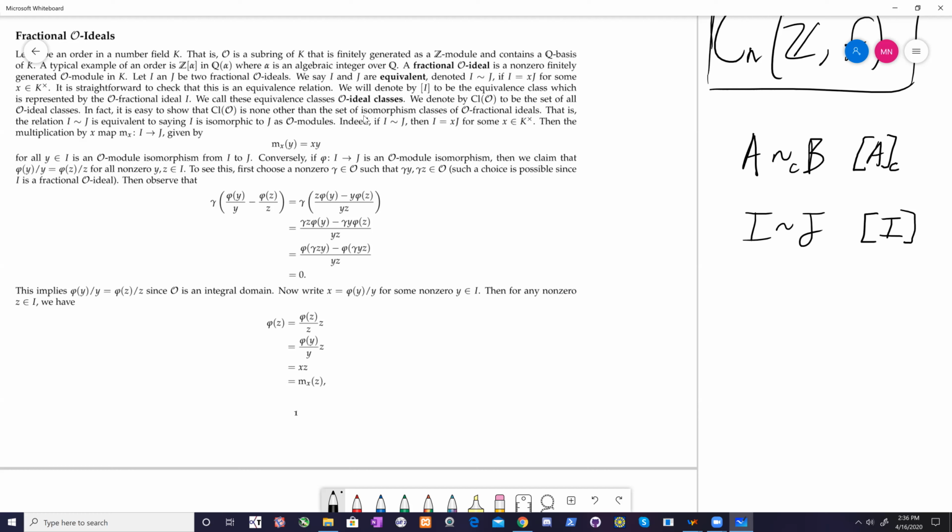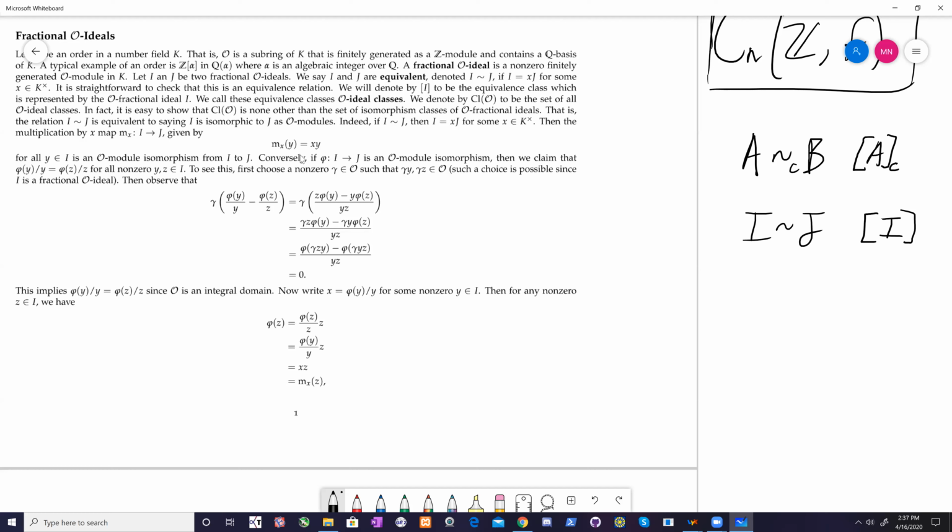To see this, if I is equivalent to J, so I is equal to xJ for some x in K that's not 0, then the multiplication by x map, and we denote this by m sub x here, is given by, it takes a y in I, and it sends it to xy. This is an O module isomorphism from I to J. So that's one direction. If I is equivalent to J, then we get an O isomorphism from I to J like this.